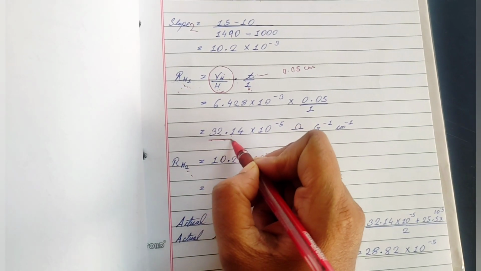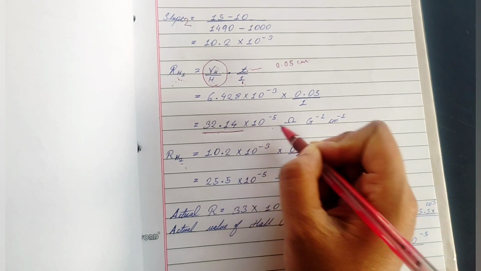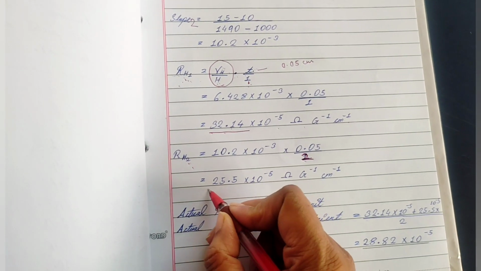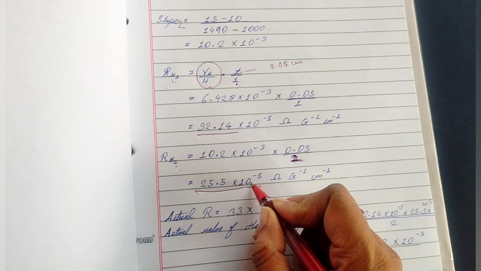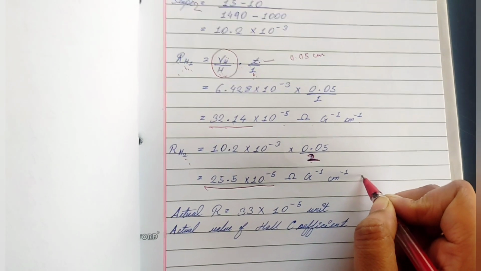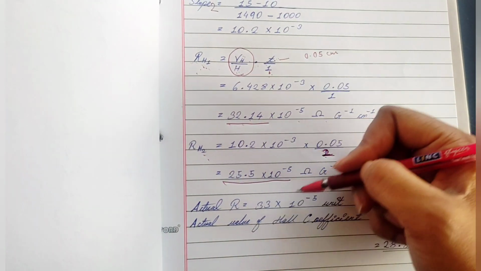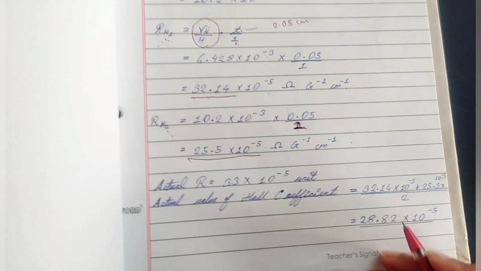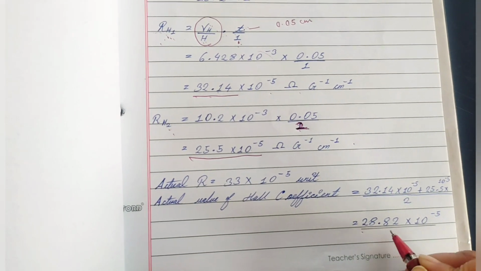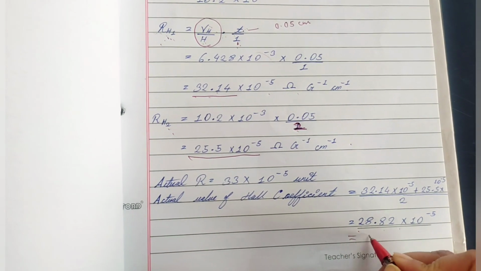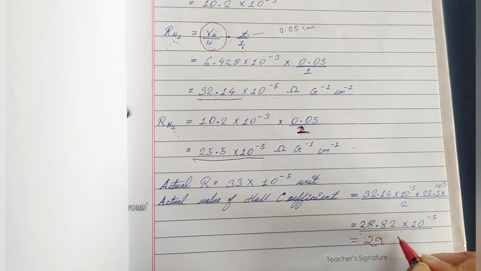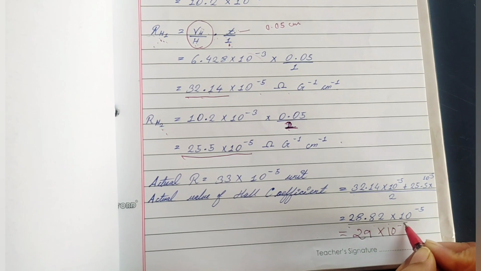So the first value was 32 point something into 10 to the power minus 5 unit, and the second value was 25.5 into 10 to the power minus 5 unit. So next we are going to take the average of these two. The average of these two is coming to 28.8. So we can write approximately 29 into 10 to the power minus 5 unit.